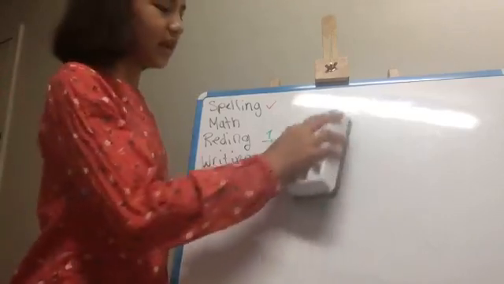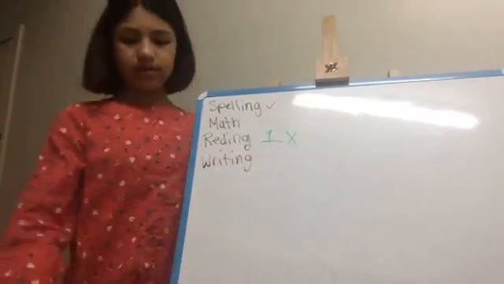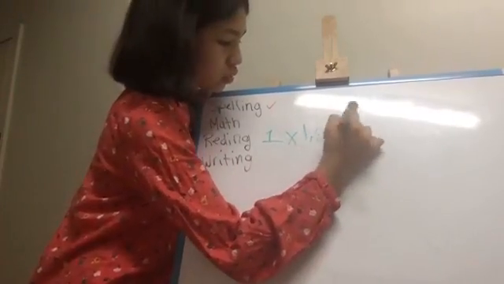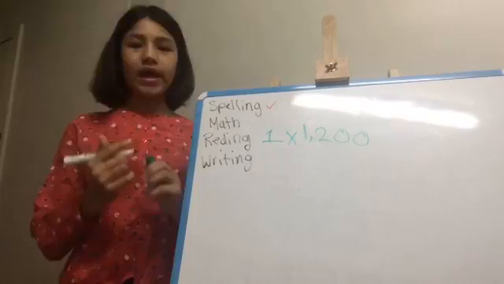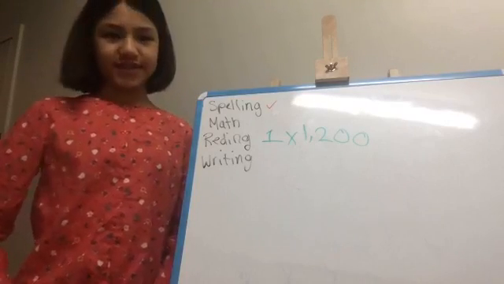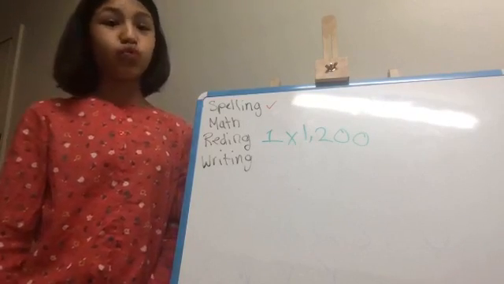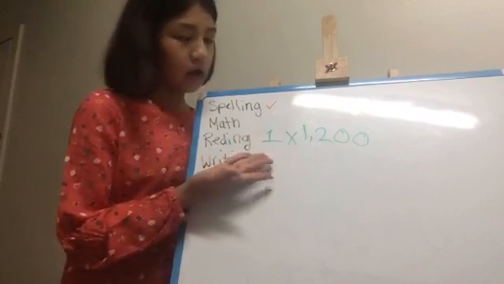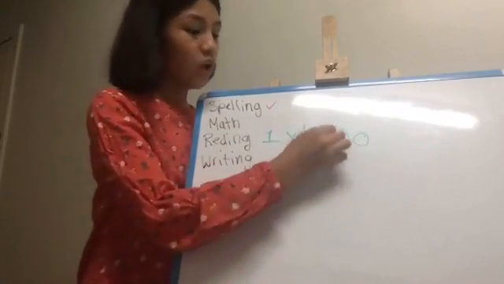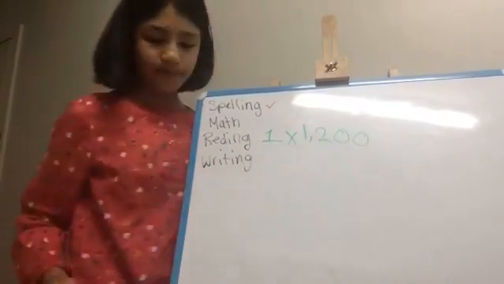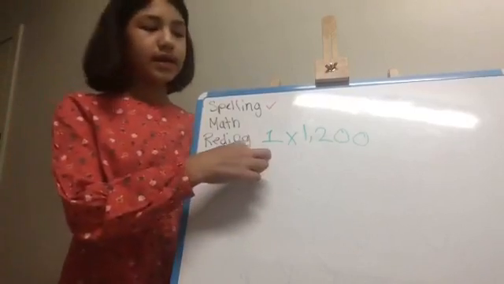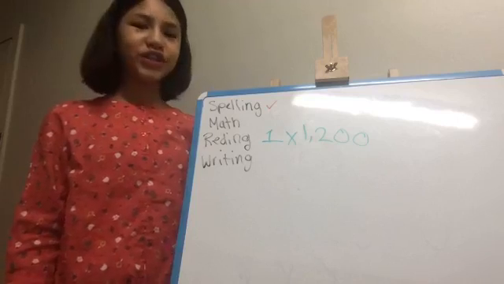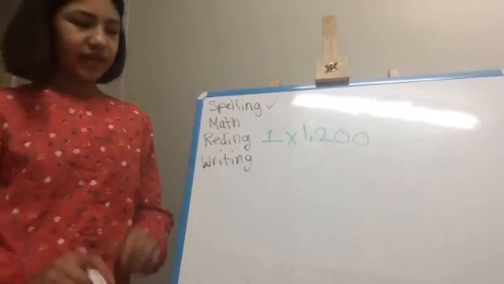So let's try something else. This is really, really simple. 1 times 1,200. Some of you might think it's really hard, but no, it's really simple. See, 1 is every one of this number. So 1 times 1,200 will be 1,200. Let's see the units.